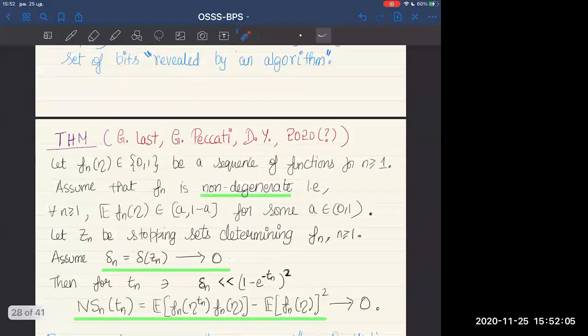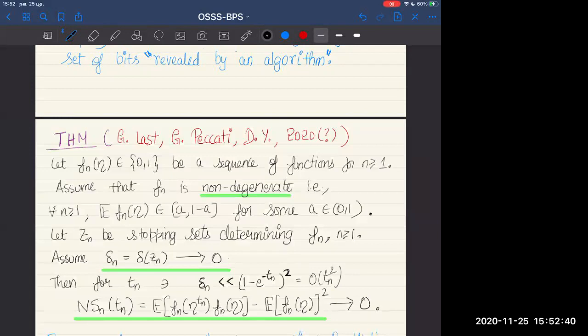Then look at some Tn such that delta n is less than 1 minus e to the minus Tn square. This is roughly of order Tn square when Tn goes to 0. So whenever Tn square goes to 0 slower than delta n, then you get noise sensitivity at scale delta n.